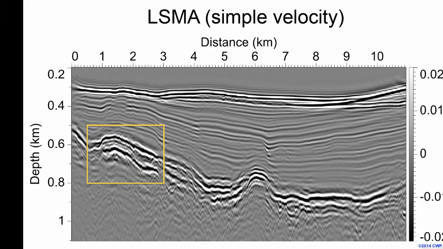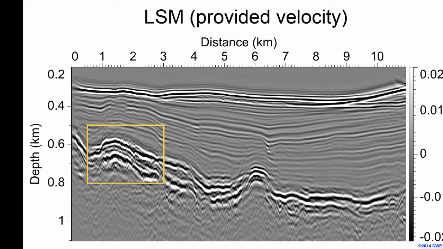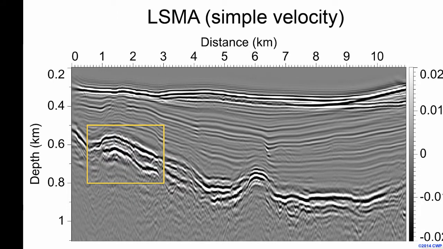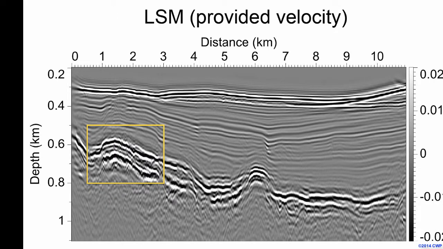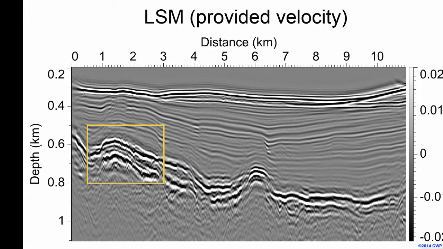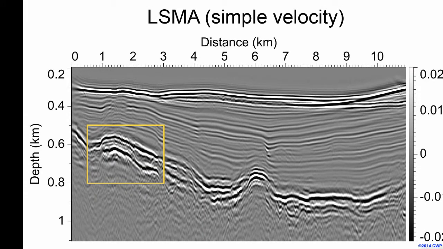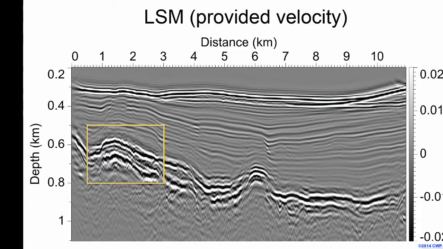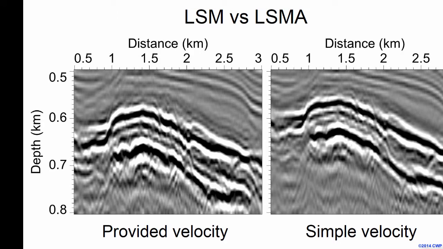But now if we compare this to least squares migration for the correct velocity, so here's amplitude-only migration for the simple velocity, least squares for the correct velocity, or the provided velocity rather. We see the same features in both images, but these features are shifted with respect to each other in the two cases.